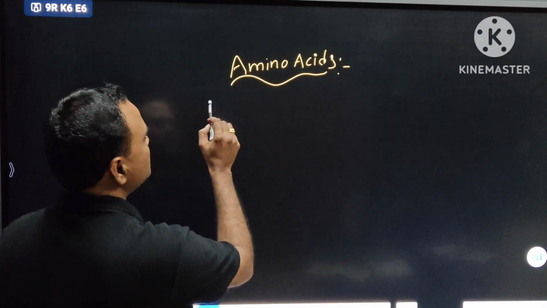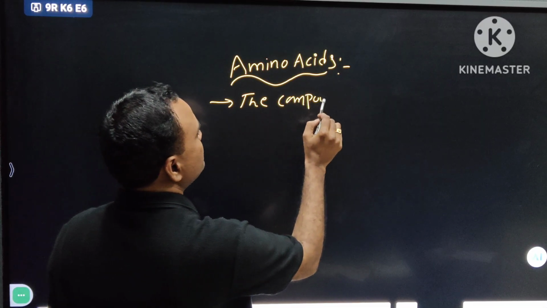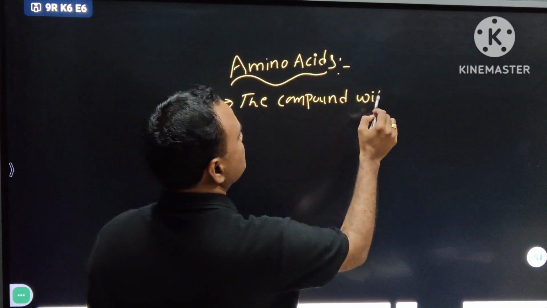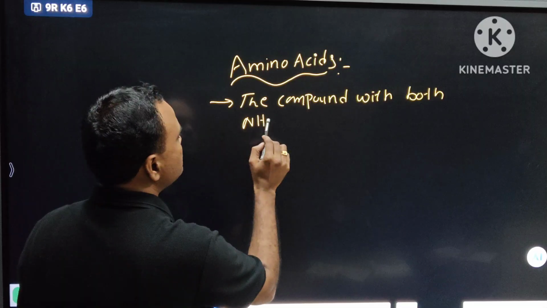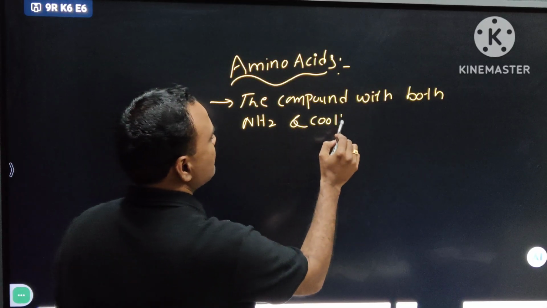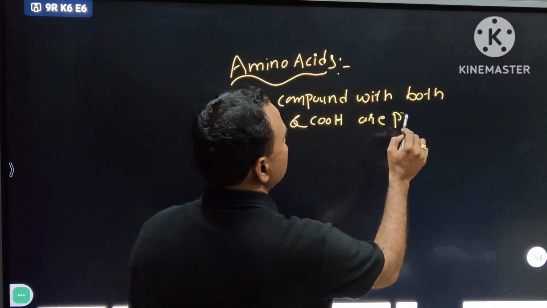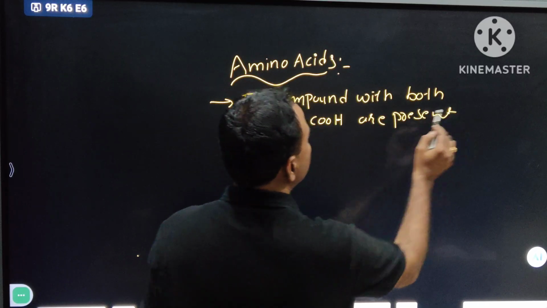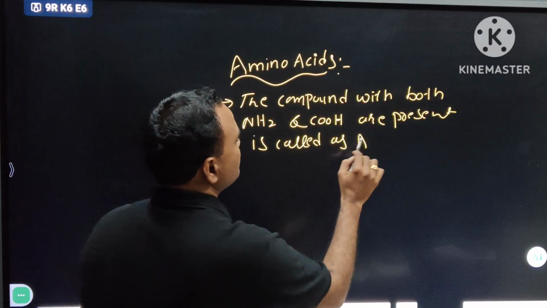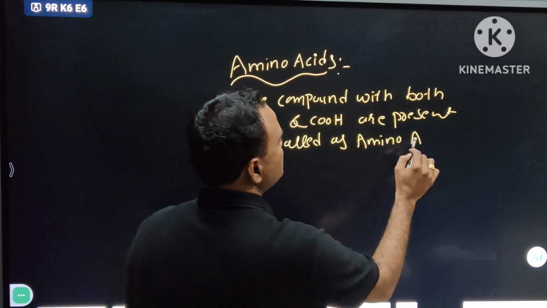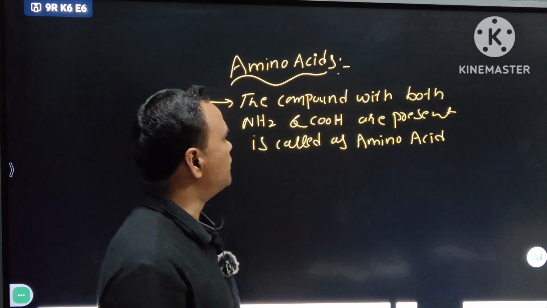So the compound in which both NH2 and COOH groups are present is called an amino acid. Amine and acid group, amino acid.